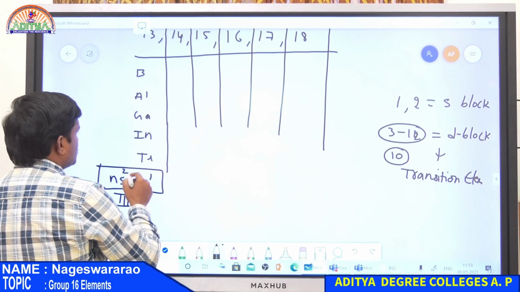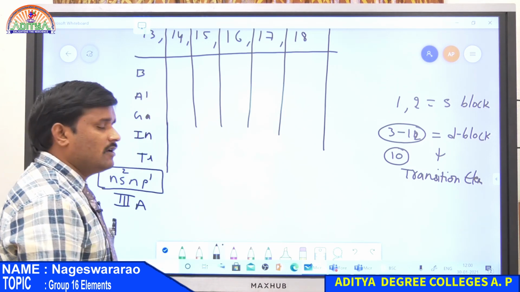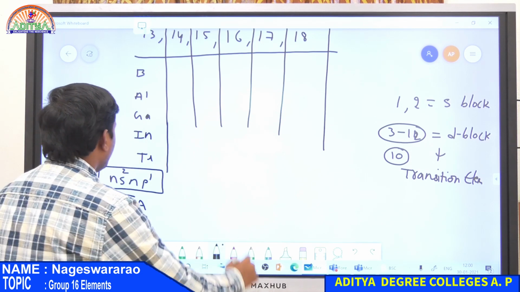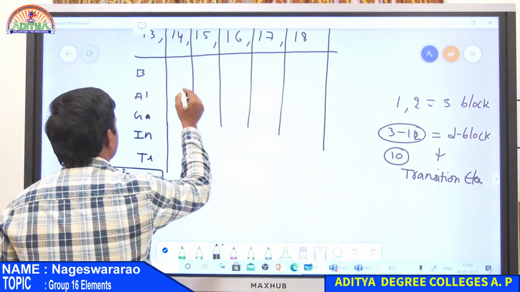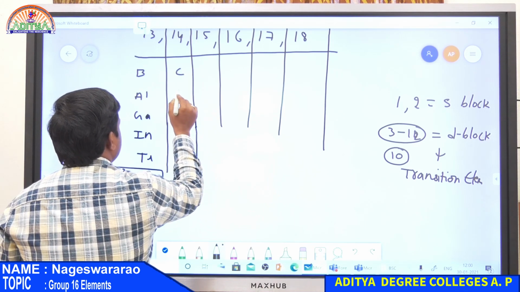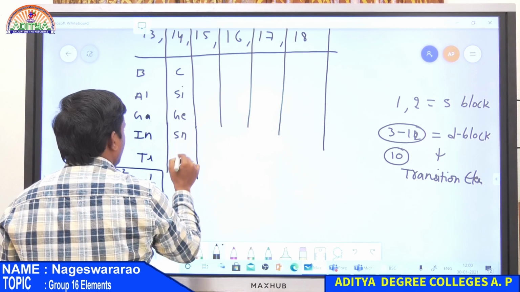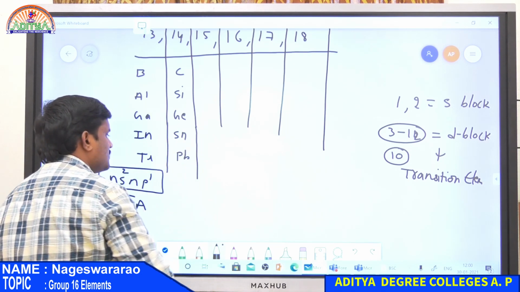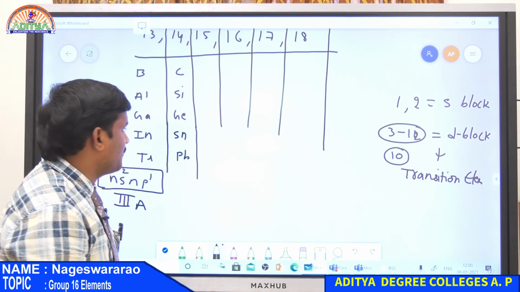So here, the first p block group is 13th group, the starting element being boron. And then 14th group. What are the 14th group elements? Carbon, silicon, germanium, tin and lead. These are the elements of 14th group or carbon family.